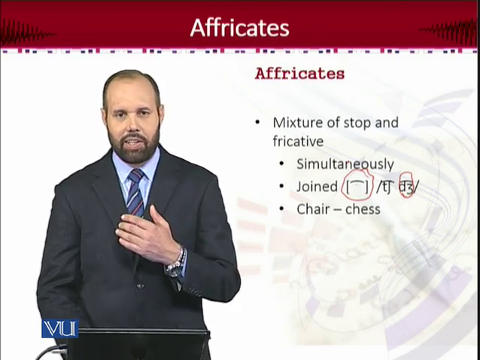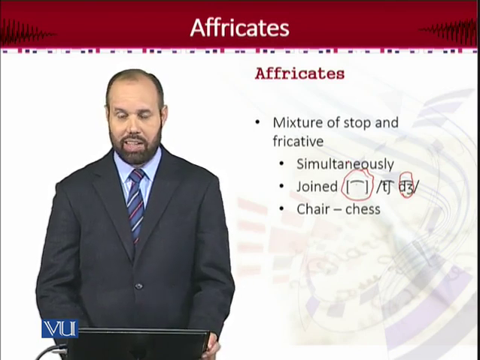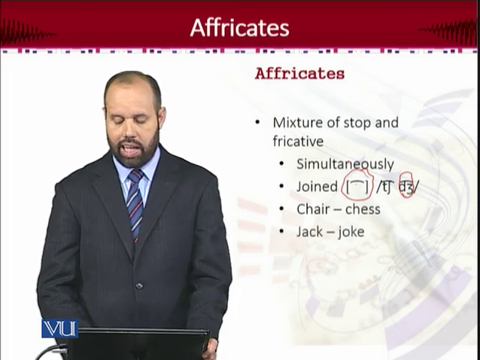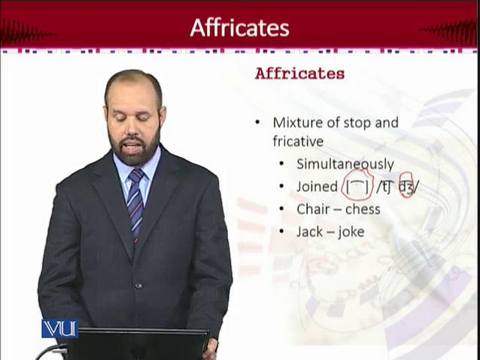There is no vibration, as there is in the case of j, which is again a post-alveolar affricate, but this is a voiced sound. So chair and chess: the first sound is a voiceless affricate. And in words like jack and jog, the first sound is j, which is a voiced affricate.